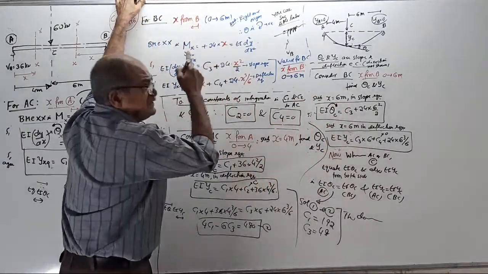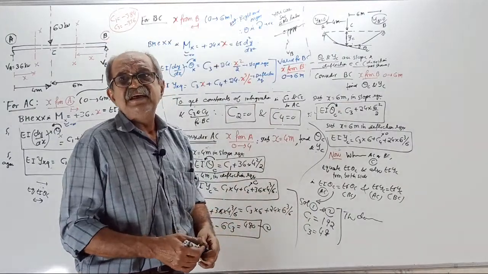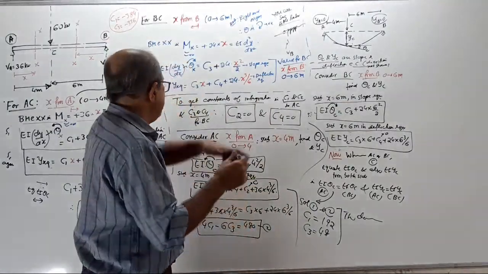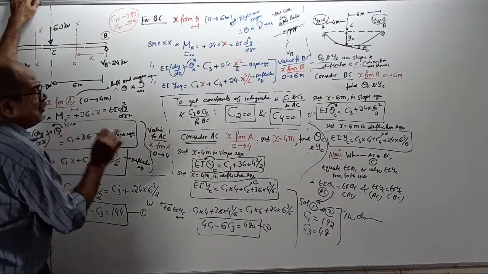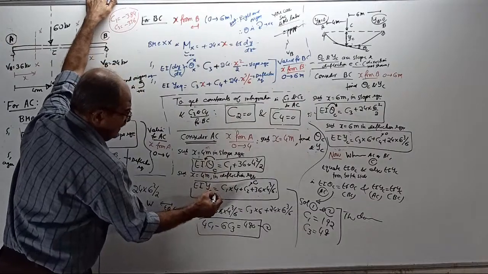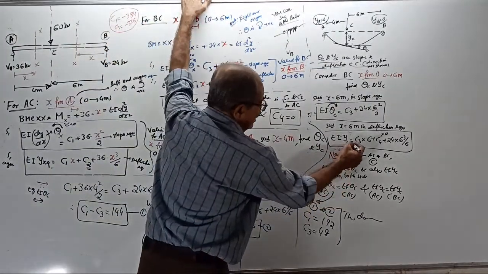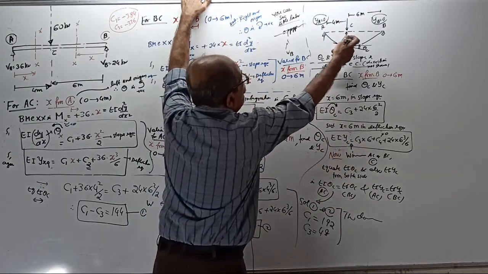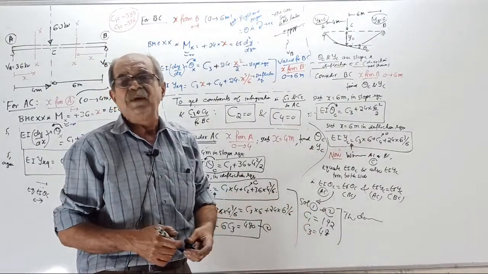You start from here, write this much and cut it, write the explanation, then write. Here EI theta C in anti-clockwise and EI theta C clockwise, but the deflection is correct. This is upward, this also is upward. That's why I put the arrow mark. So both are upward, both are negative, no problem.